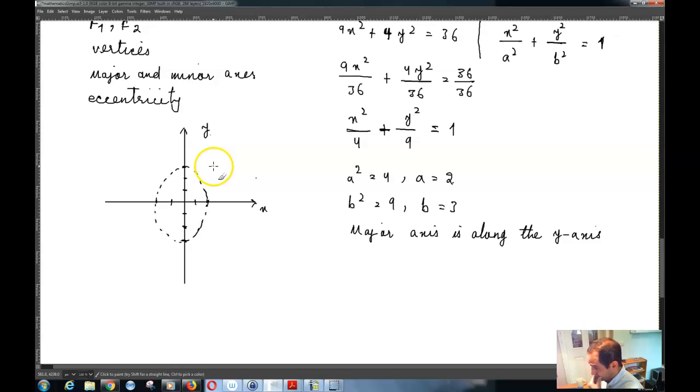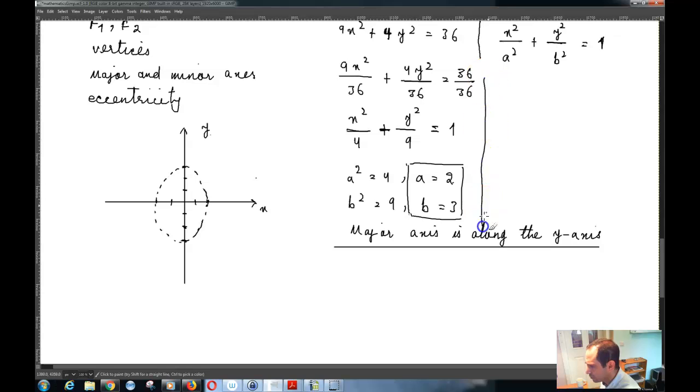Now since I have basically a and b, I can calculate c, meaning that I can write basically a squared is equal to b squared plus c squared. So c squared is equal to a squared minus b squared.